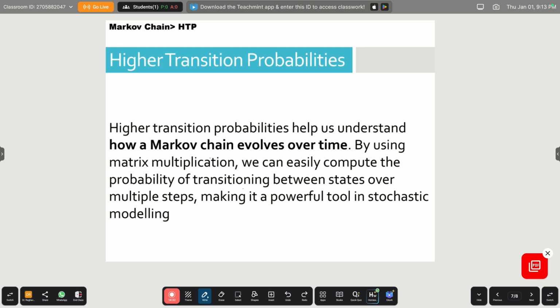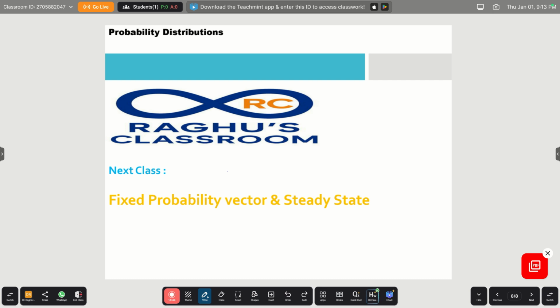By using just simple matrix multiplication, we can easily compute the probability of transitioning between states over multiple steps, making it a powerful tool in stochastic modeling. Thank you. In our next class, we will discuss the fixed probability vector, and what a fixed probability vector and steady state Markov chain are.